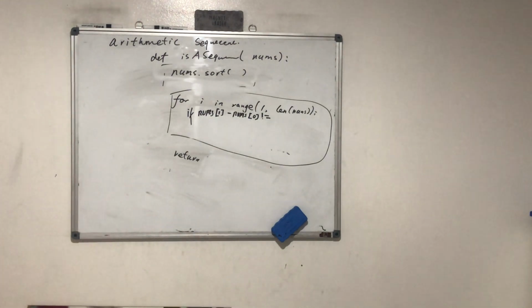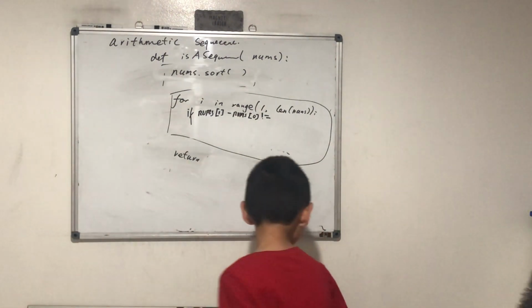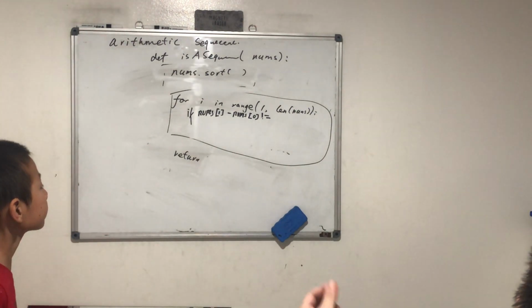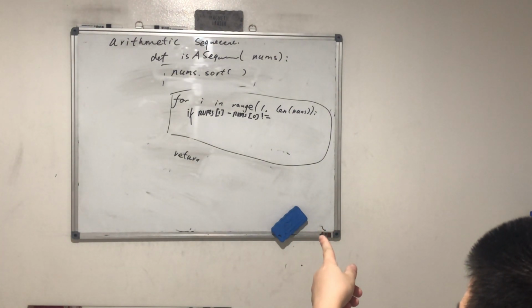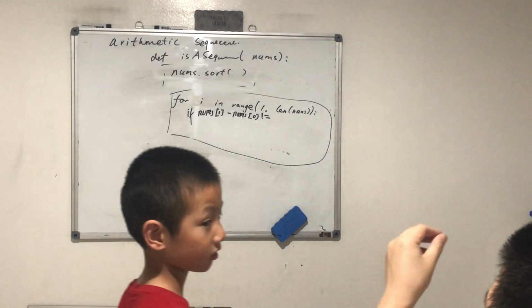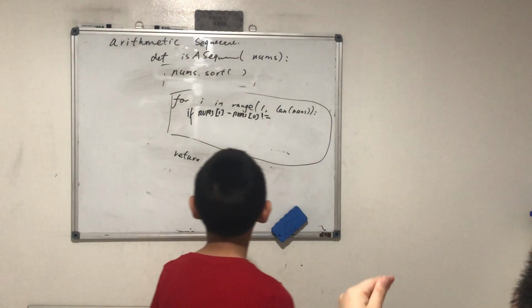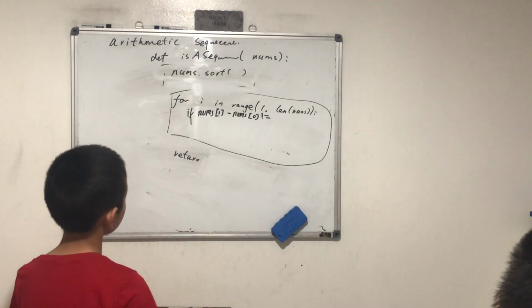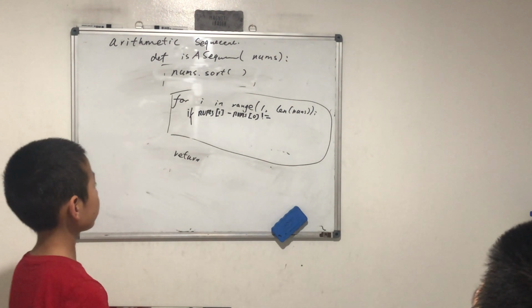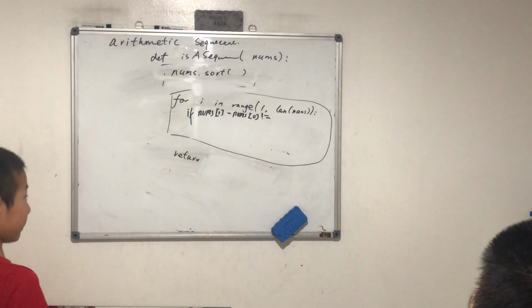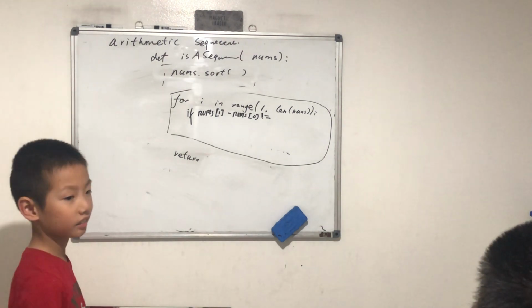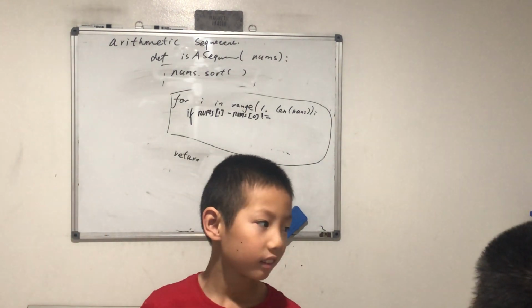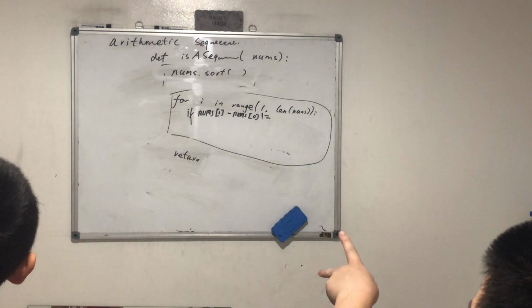If nums 1 minus nums 0 is the first distance, but we want to make sure the rest are the same.